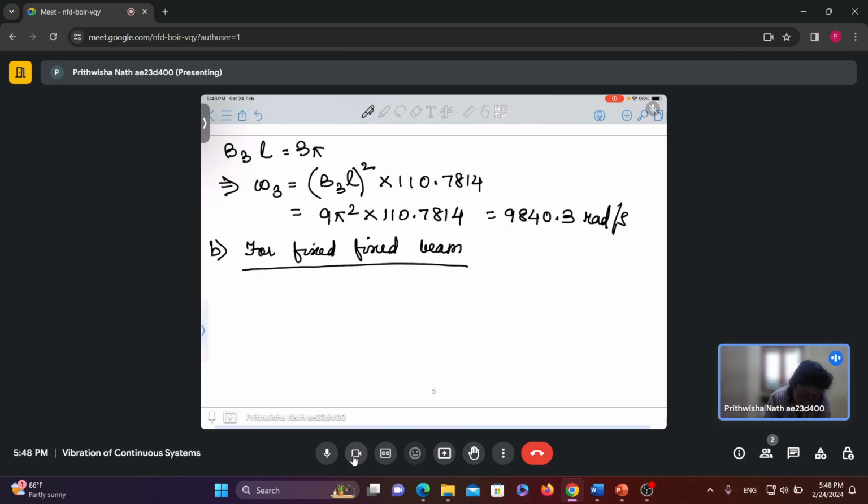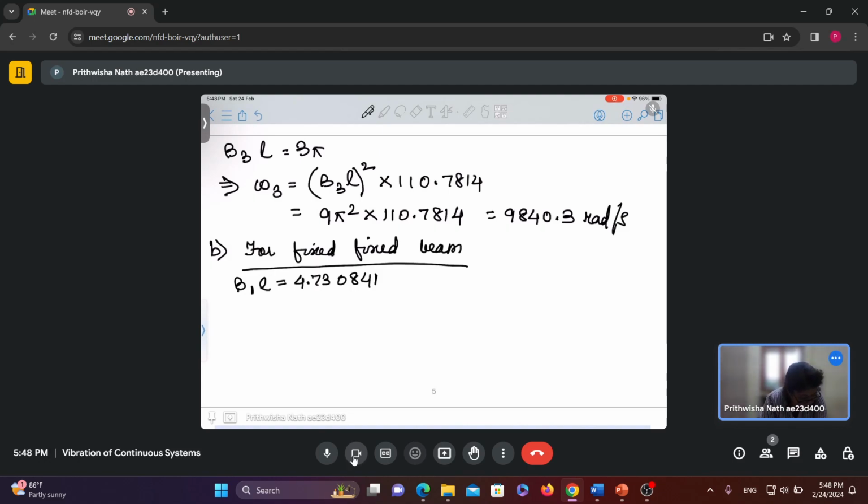For fixed beam, we know that beta 1 L equals 4.730841. So what I need to do is substitute this beta 1 L value in my equation.